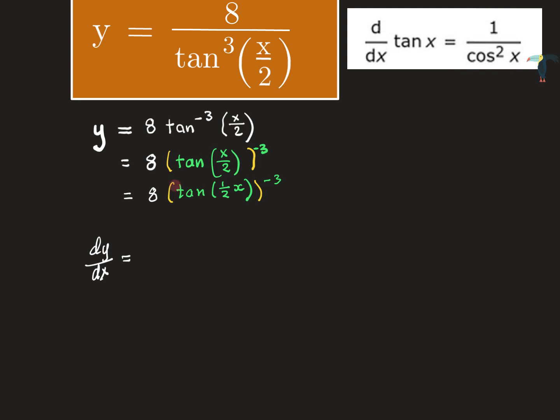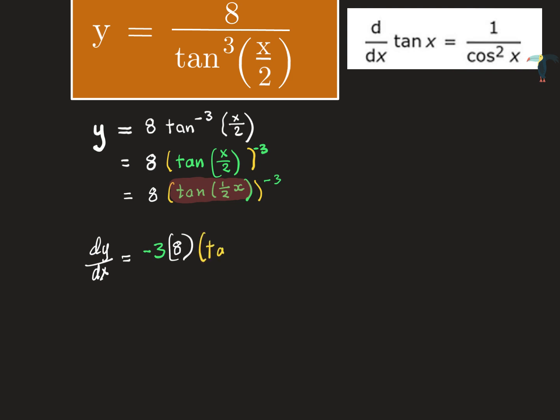And we need to look at this inside here and need to leave it alone because we're going to differentiate, first of all, what's outside the yellow brackets, which means that we're going to multiply this minus 3, leave the 8 here as well, and just rewrite everything that's in the yellow brackets.